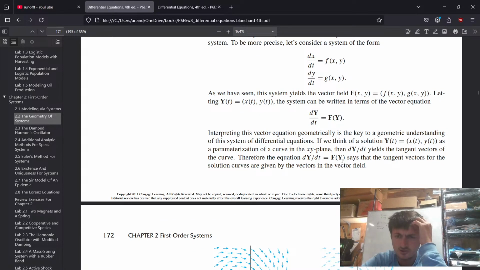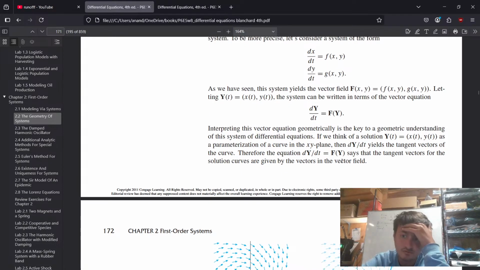Interpreting this vector equation geometrically is the key to a geometric understanding of this system of differential equations.